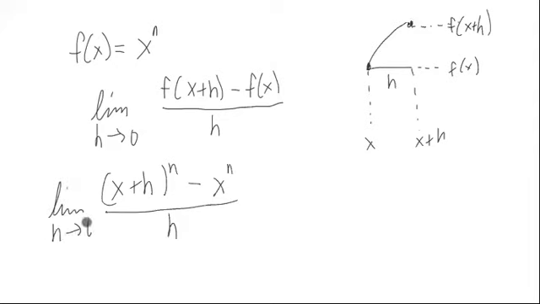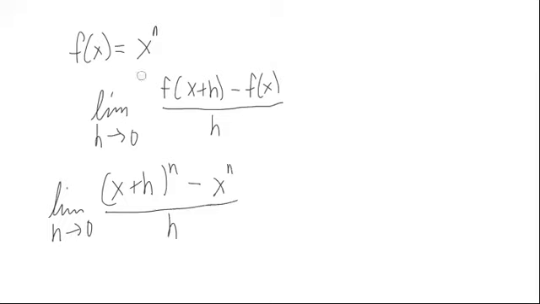Let's get a handle on what's happening here by looking at some examples and maybe seeing a pattern. First of all, notice that we're raising things to the nth power, x plus h. We can use Pascal's triangle to help us with that. For instance, if we want to raise x plus h squared, we end up getting x squared plus 2xh plus h squared.